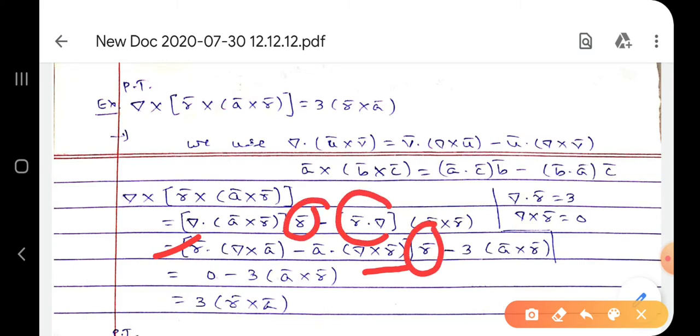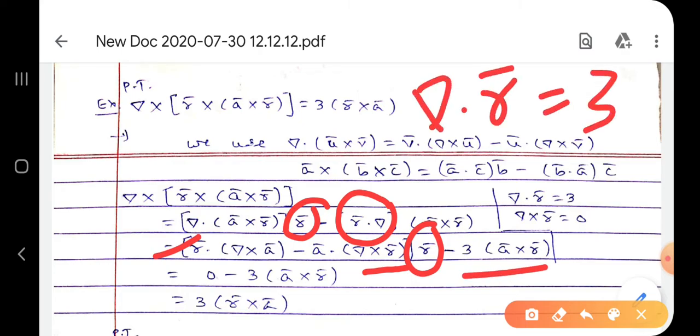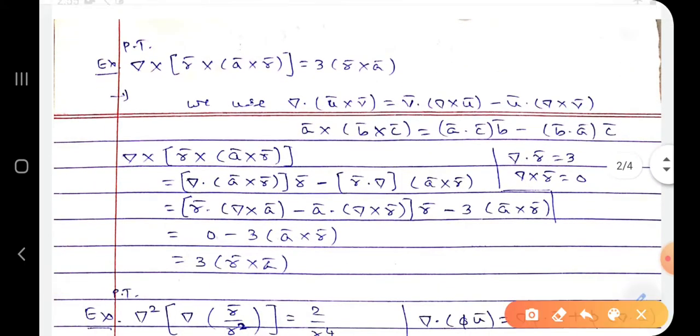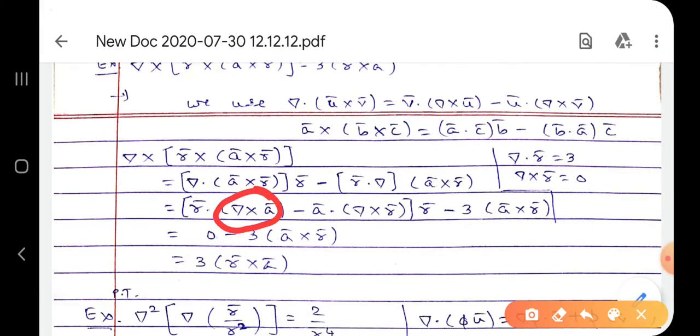What is del dot r bar? Del dot r bar is 3. Substitute here, so 3 a bar cross r bar. Now, del cross any constant vector is 0, del cross r bar is also 0.